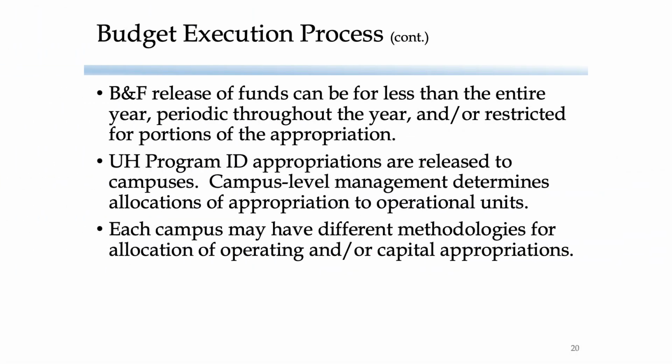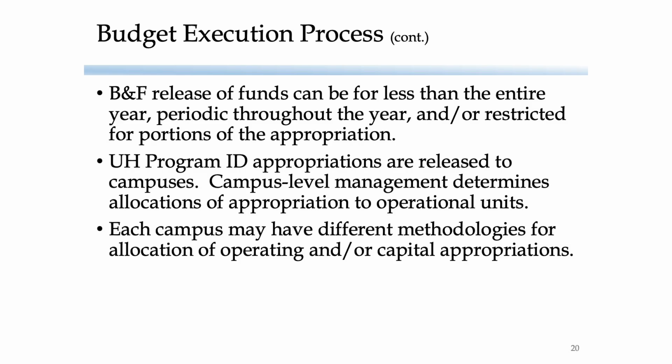The State Department of Budget and Finance is also involved when the university issues revenue bonds. Even though those are not bonds or debt of the state of Hawaii, we still have to get permission and processes approved through the State Department of Budget and Finance. That is an example of how, although we are autonomous, we are still a state department and still part of the executive branch operations.